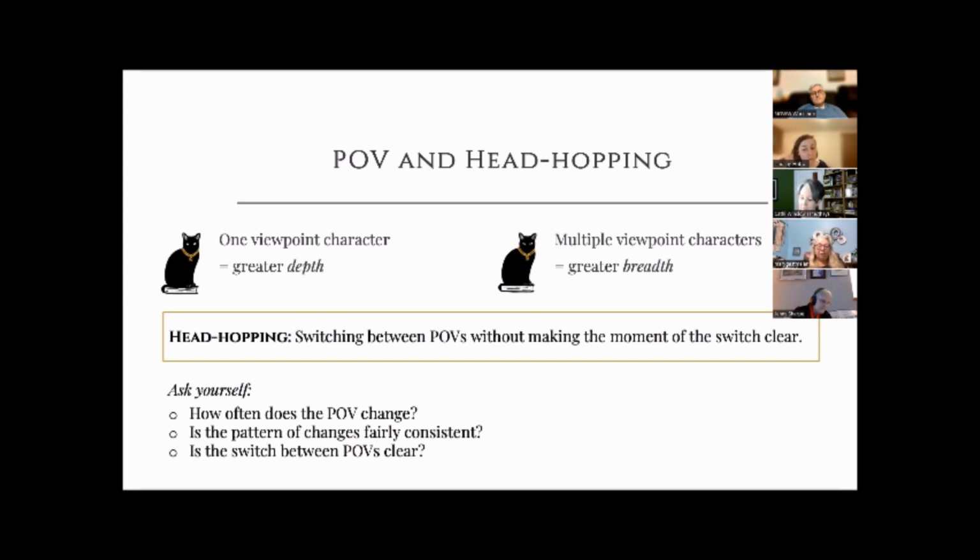But it can also dilute tension when you do that. If you're jumping between characters so that you can say, oh, well, I want the reader to know about this, so I'm going to jump over to this character, then you also have to have a really good reason for withholding information when you're doing that too.